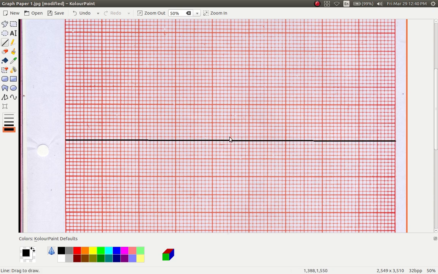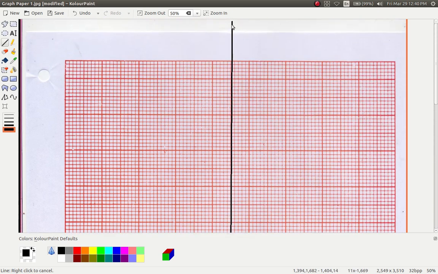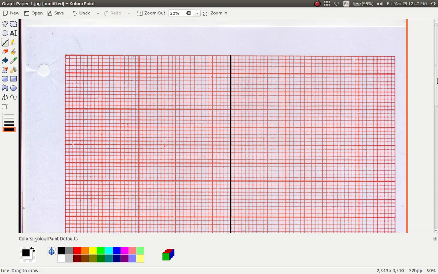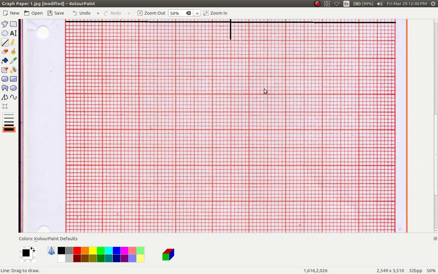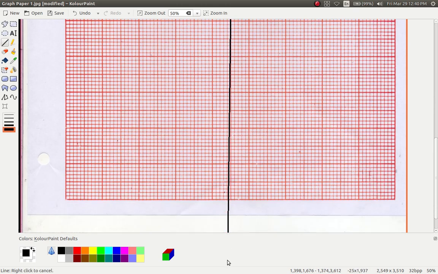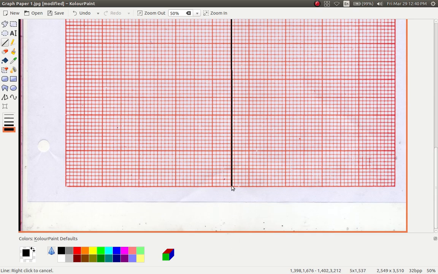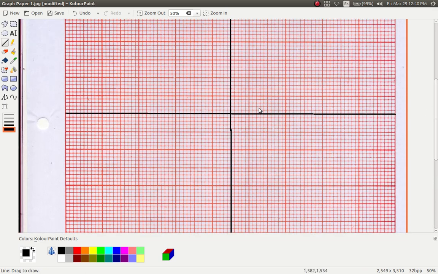So this is my x axis, and I want to have my y axis here. So let me draw my y axis up here, continue downwards, and continue with my y axis going right here. So I have my x and my y axis.